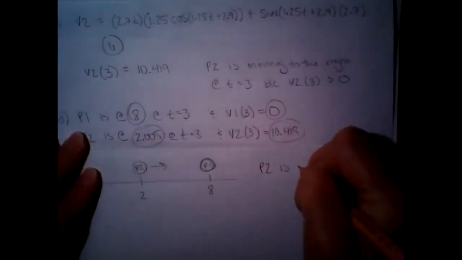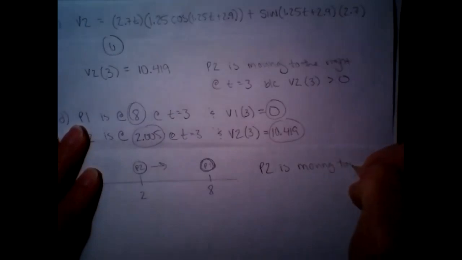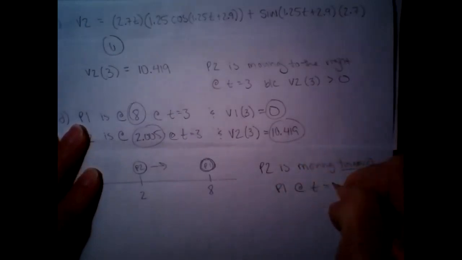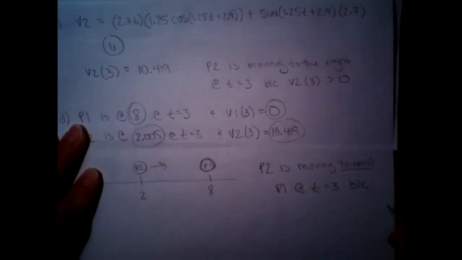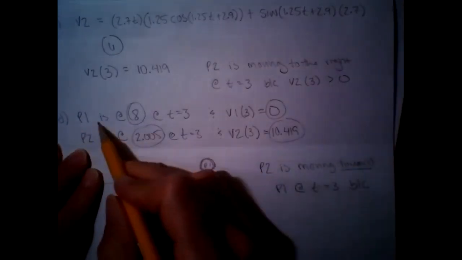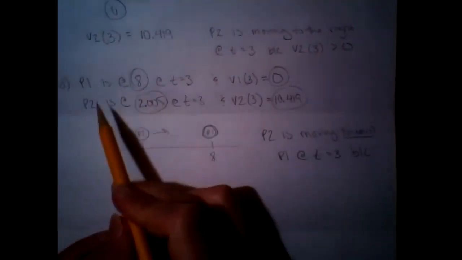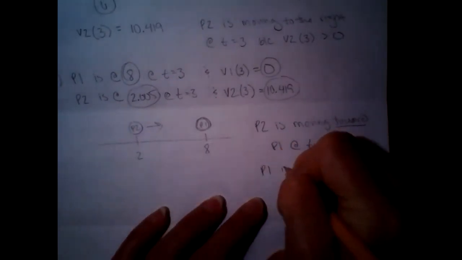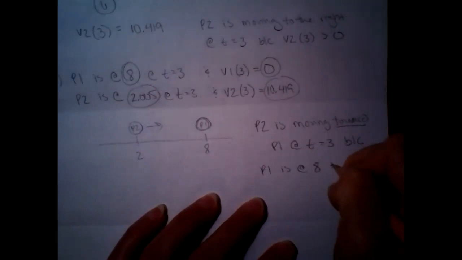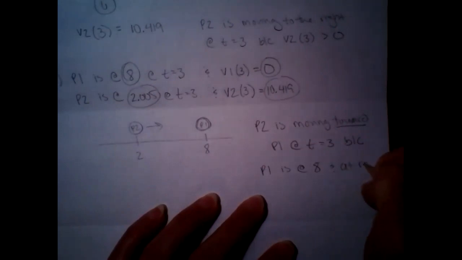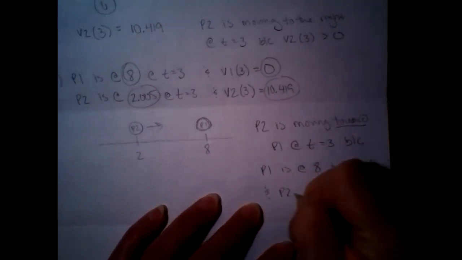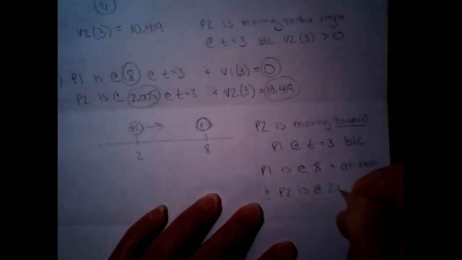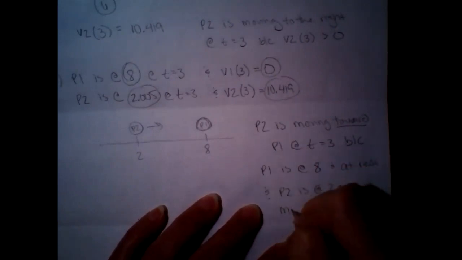So P2 is moving toward P1 at time 3 because, and I would just write out everything that we said here, P1 is at 8 and at rest, and P2 is at 2.005 and moving right.